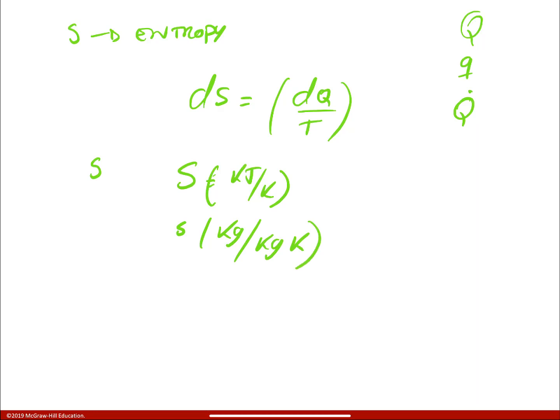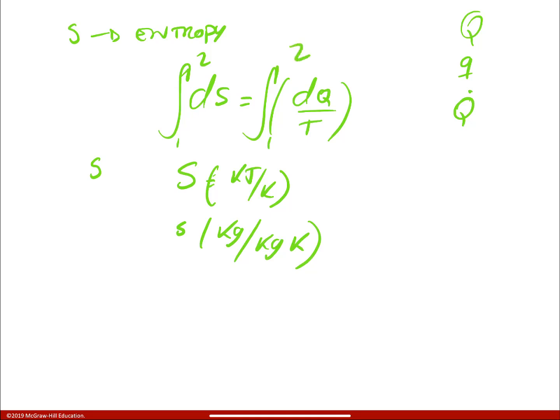All right. The entropy change of a system. As you know, if we have a property, we study how it is changing within a system. So the entropy change of a system during a process can be determined by integrating on both sides, from 1 to 2.